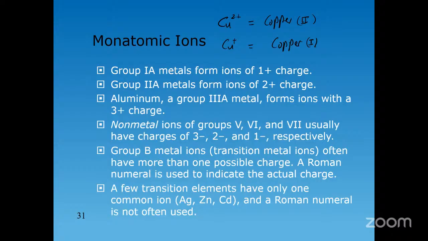In fact, you do not use Roman numerals in the case of elements that form ions of only one charge. So like elements in group 1A, 2A, you would not use Roman numerals to indicate a charge, right? That's what IUPAC says. But for elements in the transition region that can display more than one charge, you need to indicate their charge using Roman numerals.